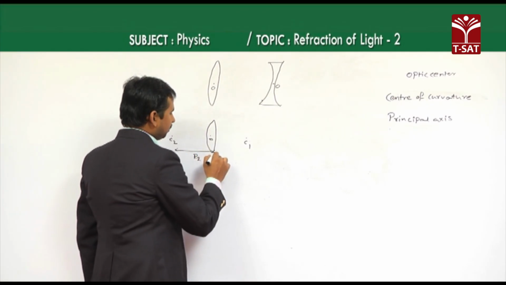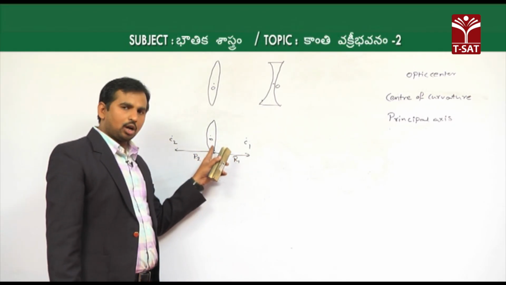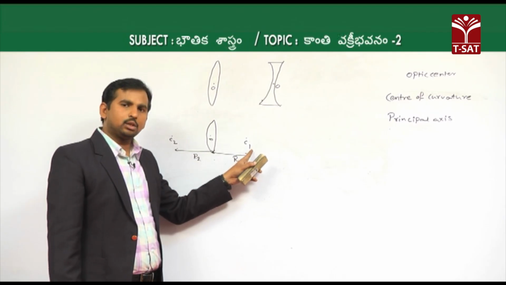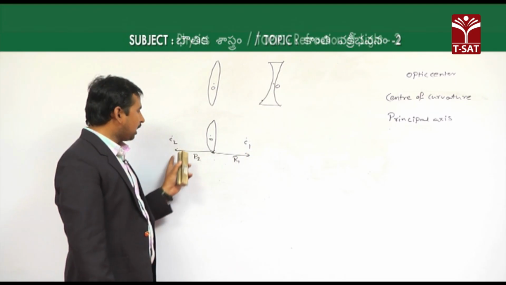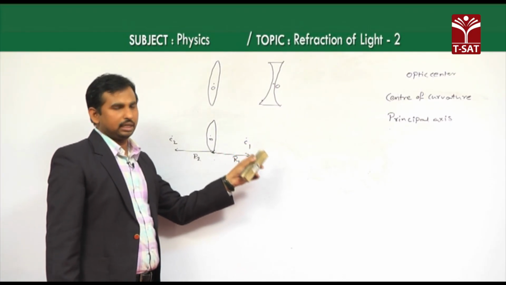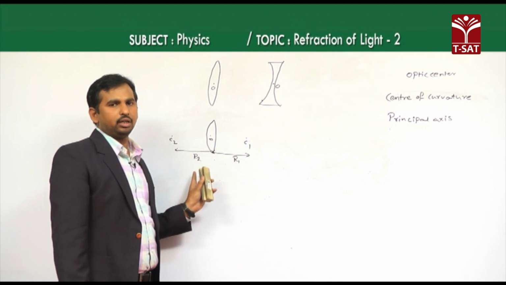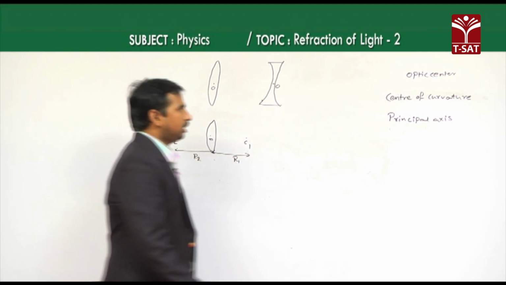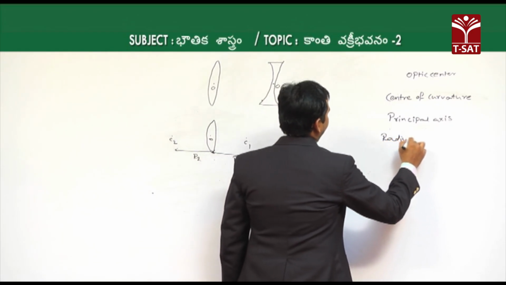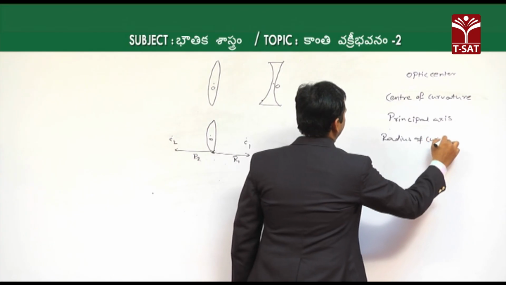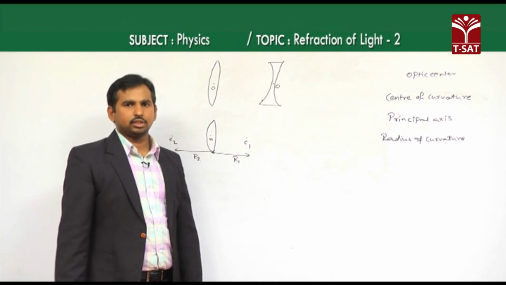As there are two centers of curvature, there are two radii of curvature, R1 and R2.